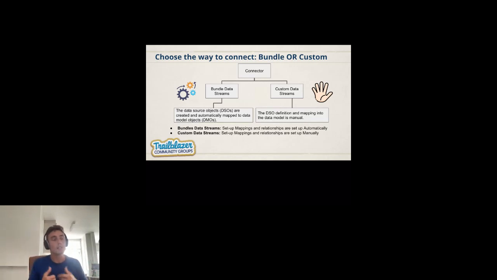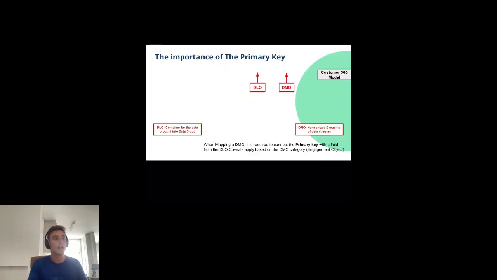So basically, long story short, Data Cloud offers some plug and play solution, the bundle data streams, and some manual solution if you want more control over it. So it will be, in this case, the custom data streams.